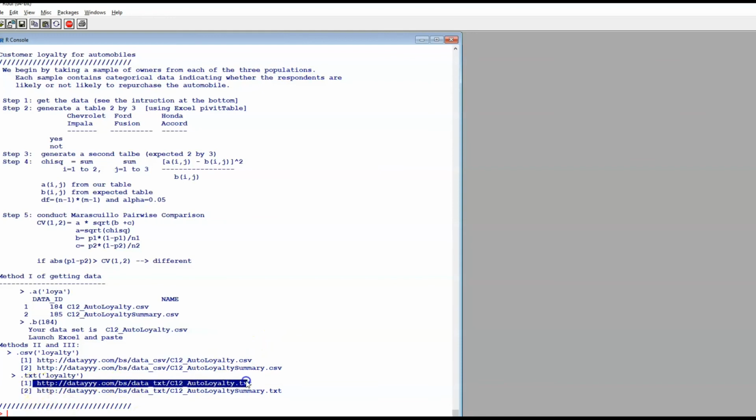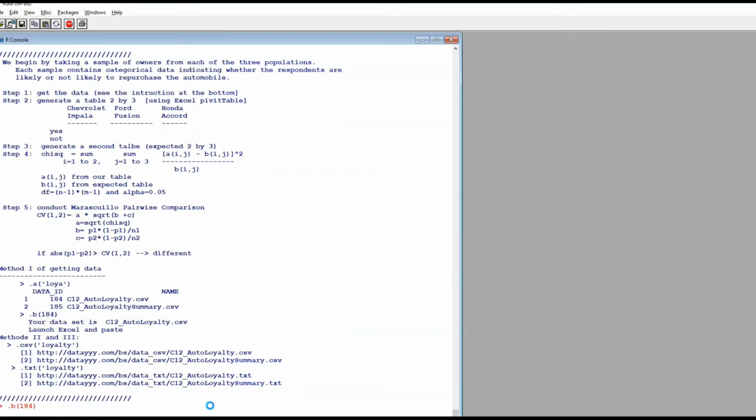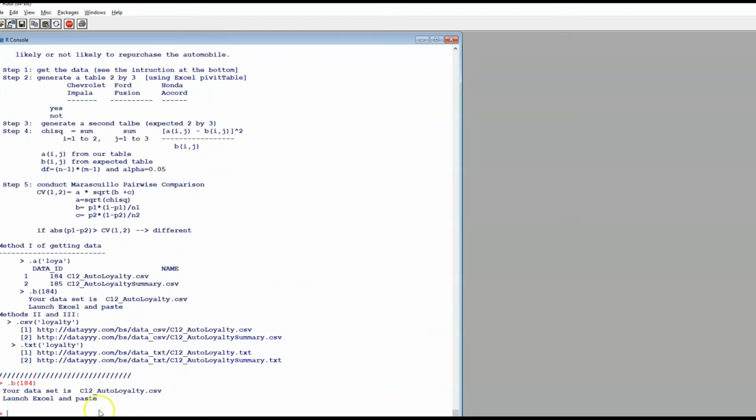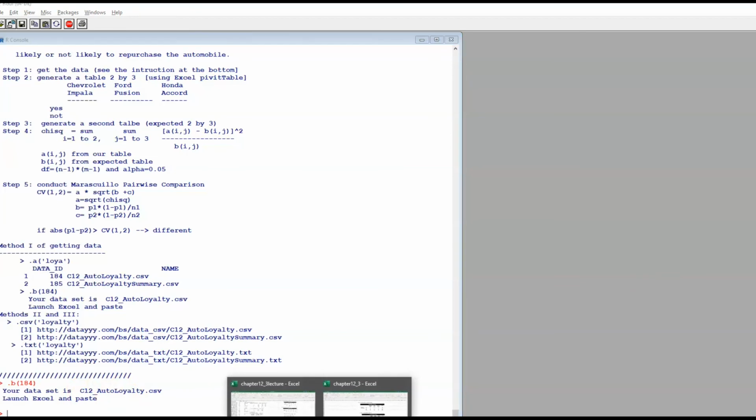Alternatively, you can copy this line to download a text file. So let's use dot B 184. And so this is the name of the data set. So we go back to Excel.